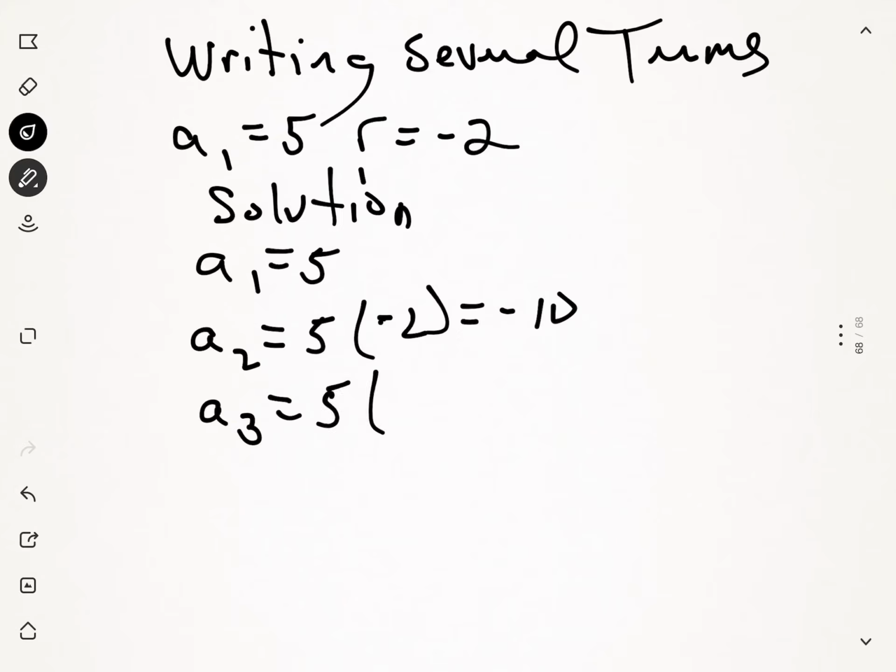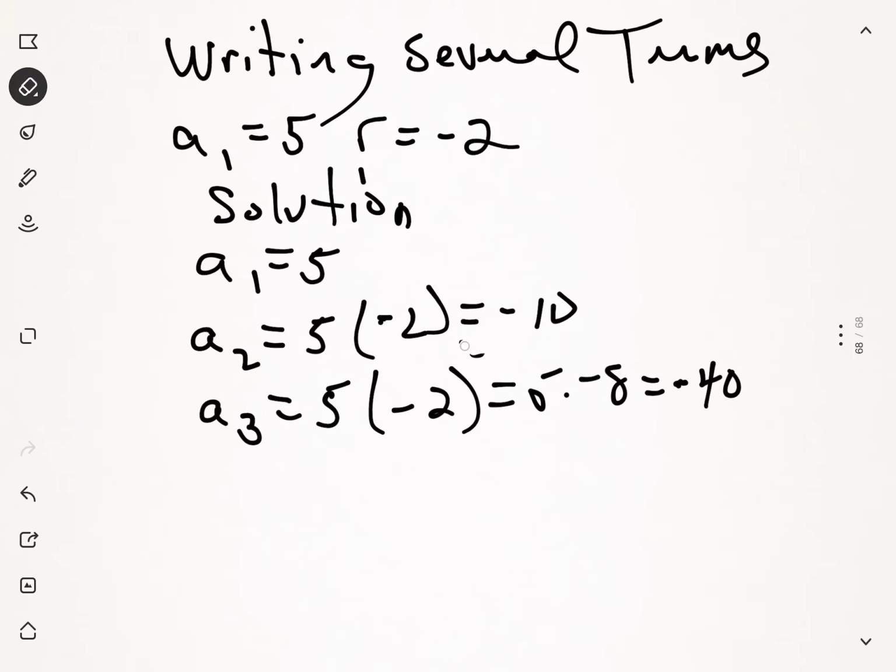Now, 5 times minus 2 cubed. 5 times minus 8. Negative 40. Let's make this first one a 2.